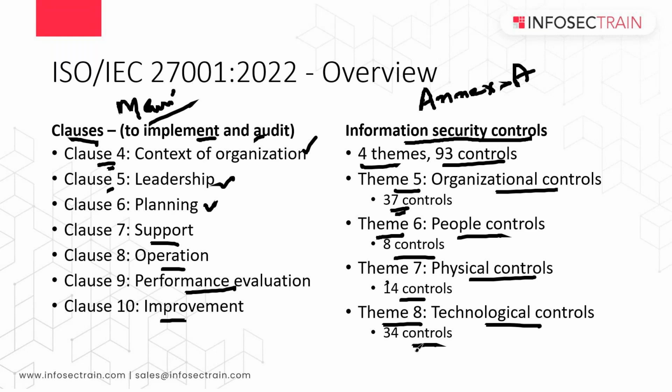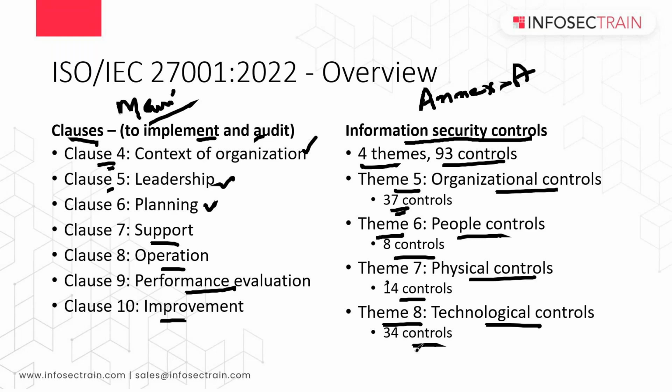Now all the controls which are related to humans are people controls. All the controls which are related to the physical aspect, maybe a building, workstation areas, data centers, or all other areas, entries, exits, fire protection, all these are physical controls.